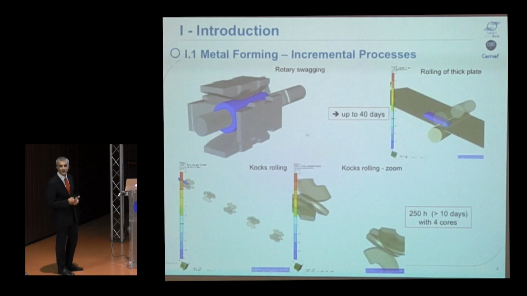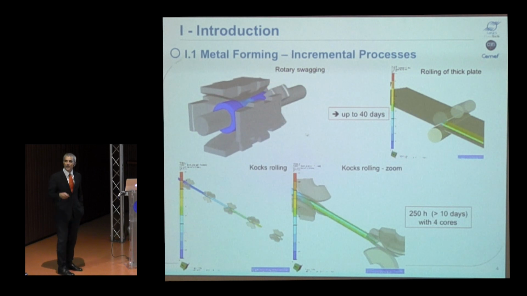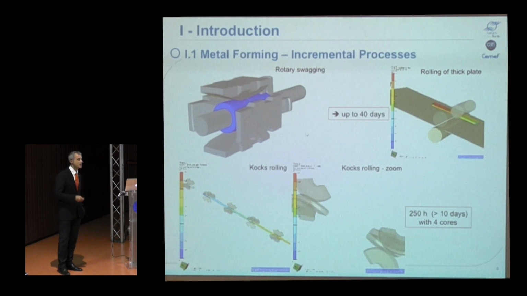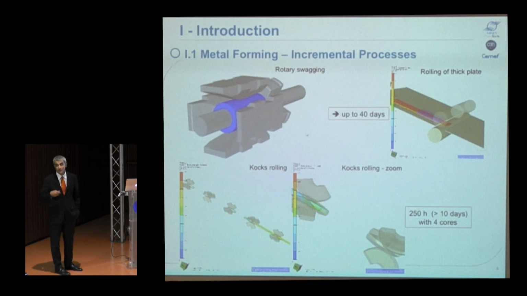However, for some processes, I would call them incremental processes, we cannot reach these goals. As you can see here, for instance, for rotary swaging, whatever the parallel facility or parallel optimization that we can use, we have computational times that are several days and sometimes several weeks.